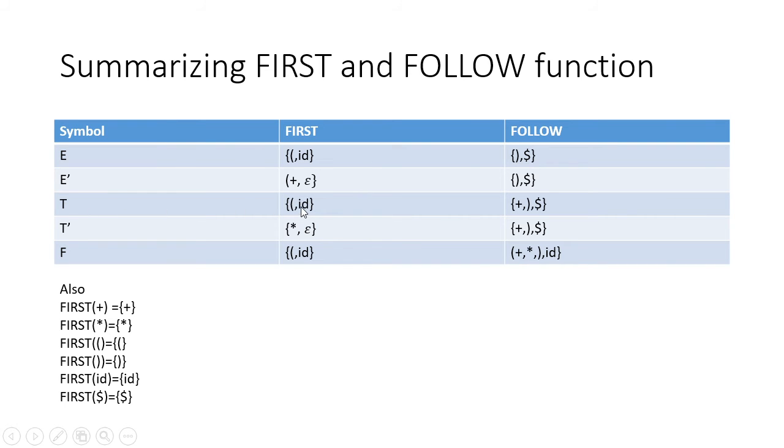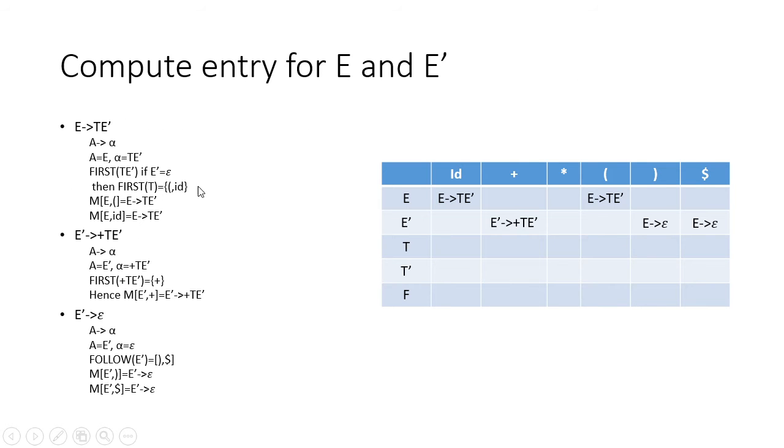The first of T is an opening bracket and an ID. So what you do is, in M[E, opening bracket], you put E derives T E dash. And similarly, in M[E, ID], you put the same thing, E derives T E dash. So that completes the calculation for the first one.